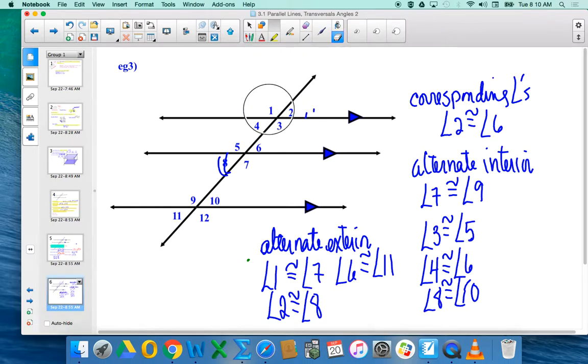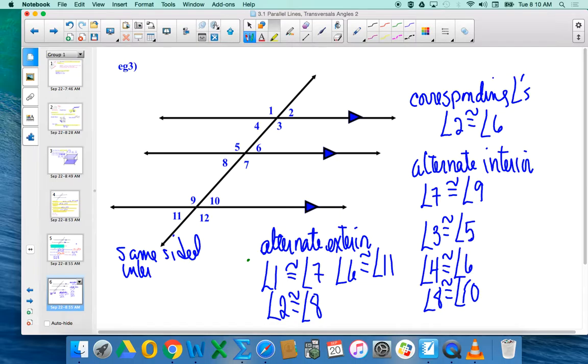Now we want to talk about same-sided interior. Same-sided interior means on the same side of the transversal, on the interior of the lines. Same-sided interior are supplementary when the lines are parallel, so angle 3 plus angle 6, which are same-sided interior, add up to 180.